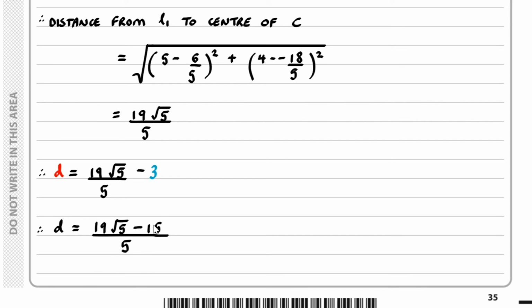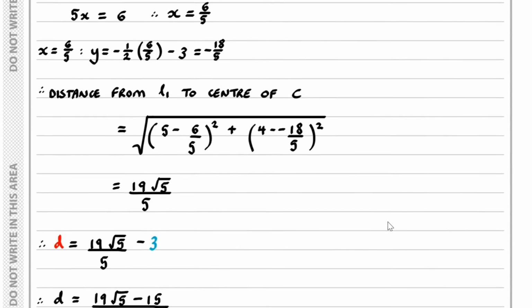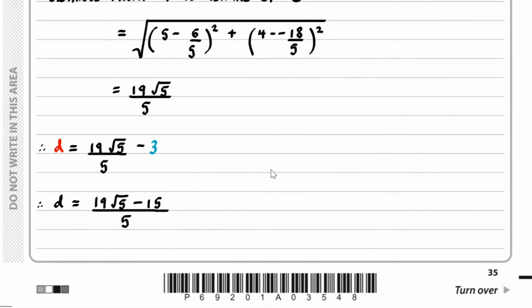This is the exact distance from L to C. So we have 19 root 5 minus 15 over 5.